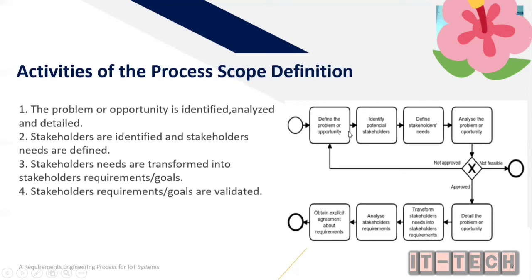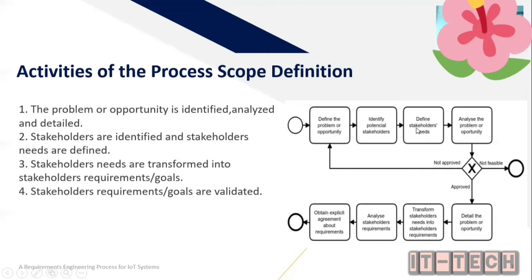Here, at first, define the problem or opportunity, which involves the analysis of the problem or opportunity to understand the scope and the definition of its context and parameters. Identify potential stakeholders, that is, people who have an interest in the IoT system.